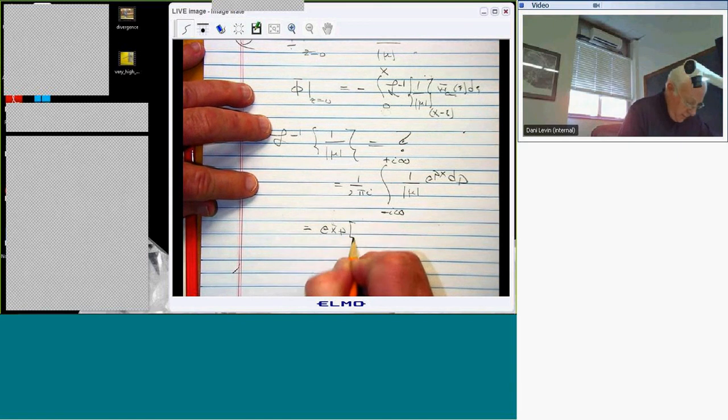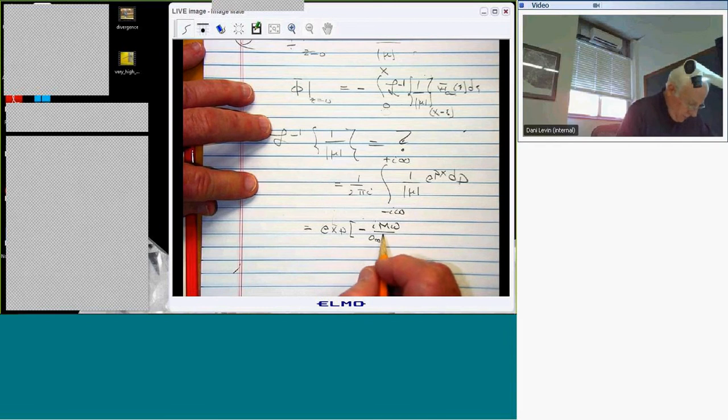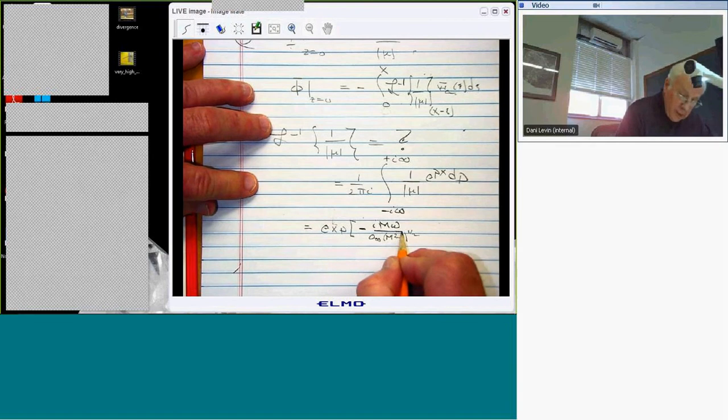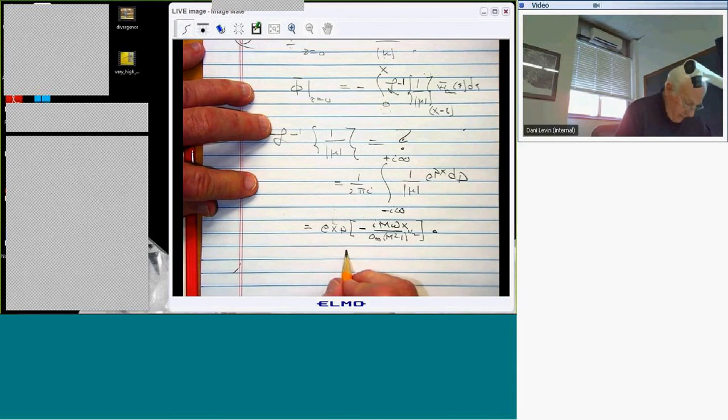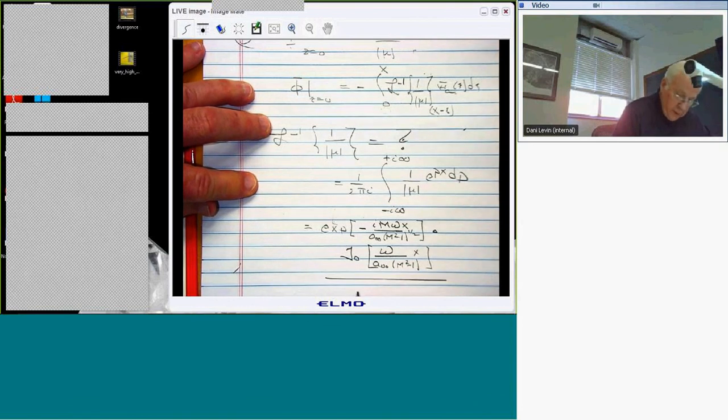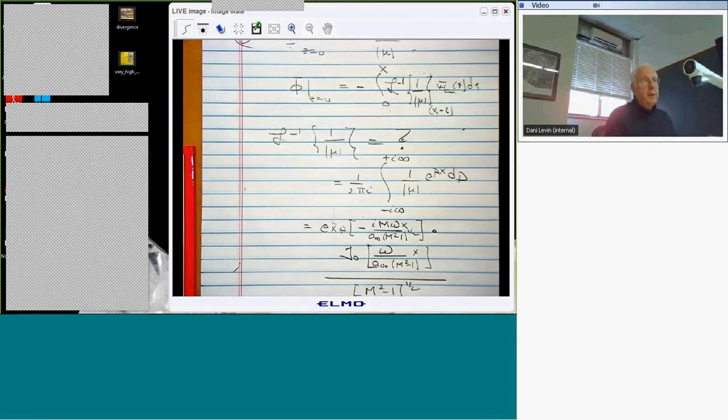Exponential of minus i, the Mach number M times omega over the speed of sound, times the square root of M squared minus 1, times x, multiplied by the Bessel function of omega over the speed of sound, square root of M squared minus 1 times x, and then the whole thing is divided by the square root of M squared minus 1, right? Just what you would have thought it would be.